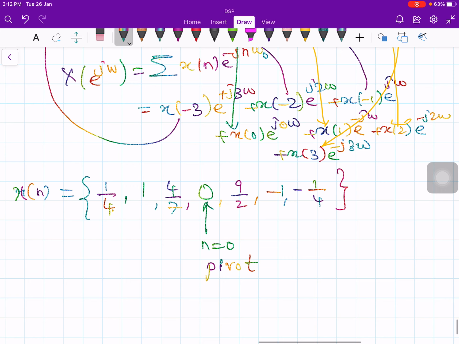So given a problem, either to find the DTFT or inverse discrete time Fourier transform or proof, you have to decide which way to go, how to go about it. Once you understand the problem and find a clue, the first step is understand the problem, and then find the clue.